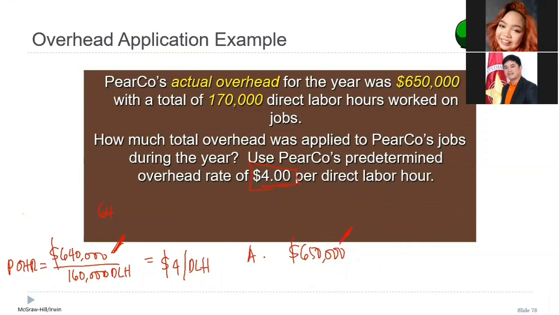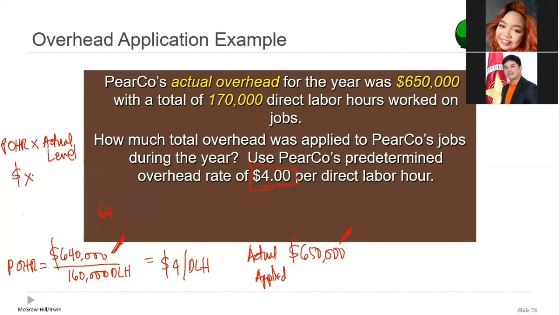This is your actual. Pero paano natin makukuha yung applied overhead natin? Ano ba yung formula natin last time? Kanina lang pala. So ang applied overhead natin is predetermined overhead rate times the actual level of activity. Ano ba yung predetermined overhead rate natin? Di ba $4?